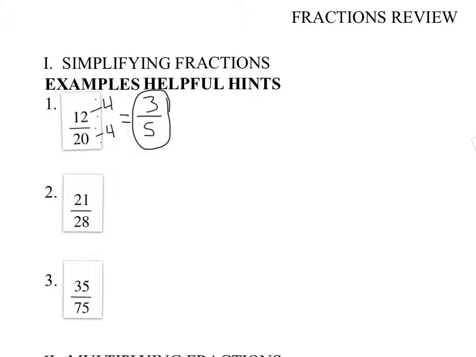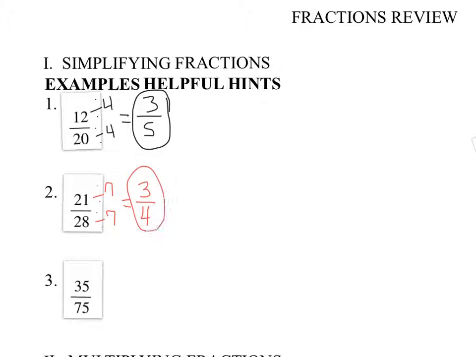What are the numbers that go into 21? 3 divides into 21, but 3 doesn't go into 28. What else goes into 21? 7. 7 does go into 28. So we are going to divide both numbers by 7. So we get 3 over 4.